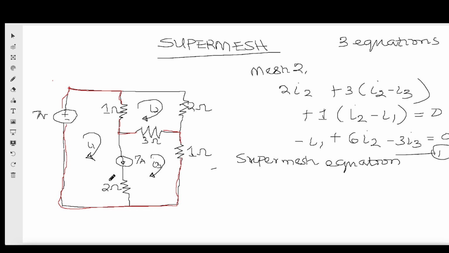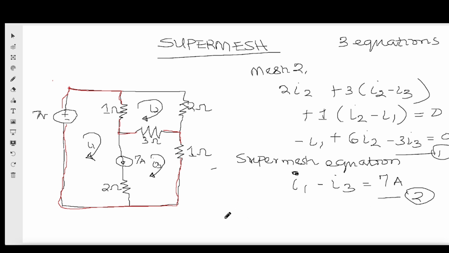I1 is going downwards, the same direction as the 7 amperes, but I3 is going in the opposite direction to the 7 amperes, and therefore the super mesh equation will be I1 minus I3 equals 7 amperes. I1 is going in the same direction, and I3 is going in the opposite direction, which means that if you subtract I3 from I1, it will give us 7 amperes, and that's our second equation.